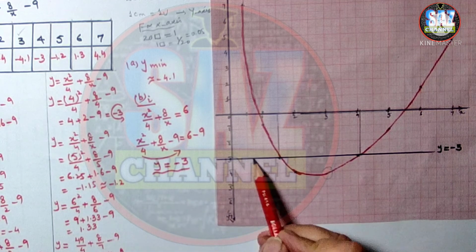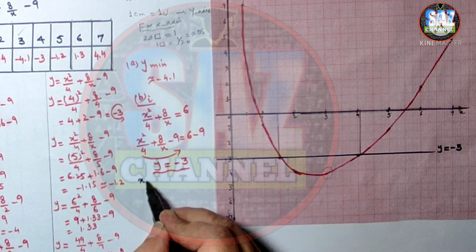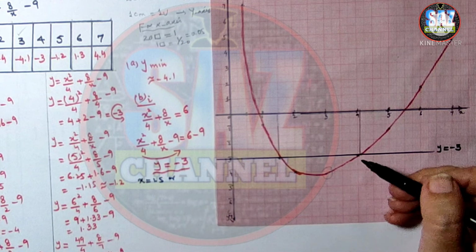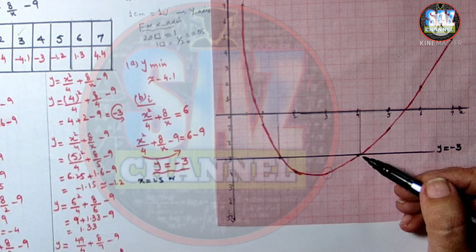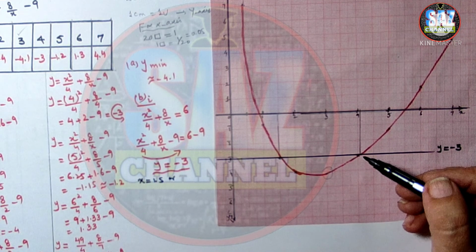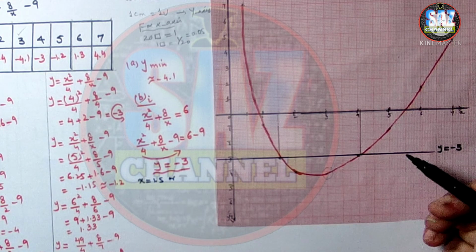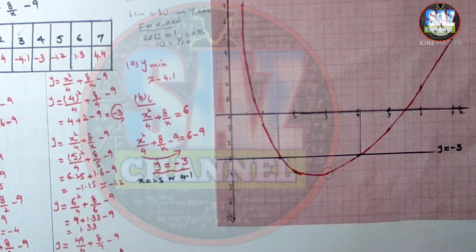So for y equals minus 3, x equals 0.5, or after 4 we are having two blocks, so one small block has the value 0.05, multiplied by 2 plus 4, that is 4.1. I hope you are clear about this part.